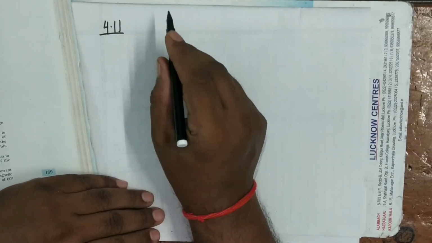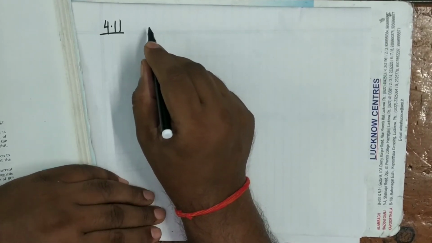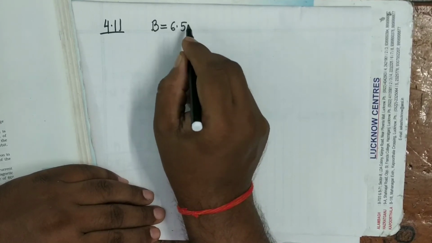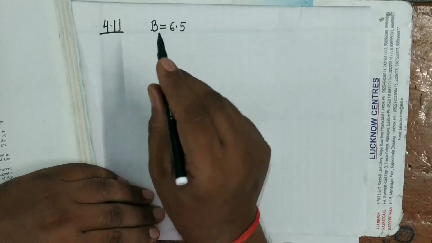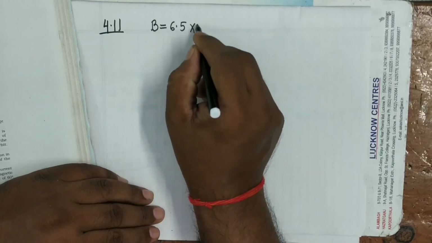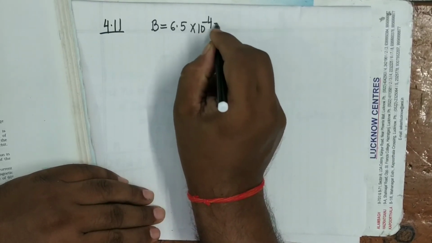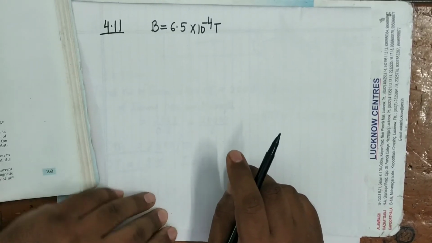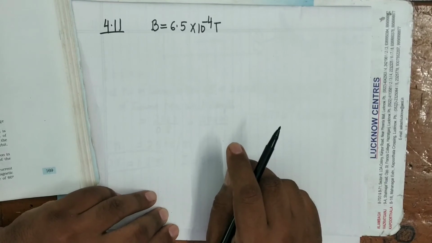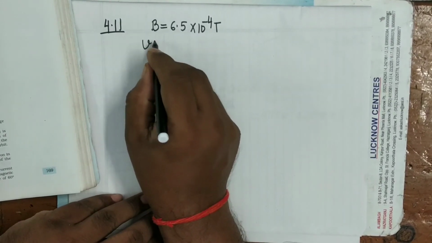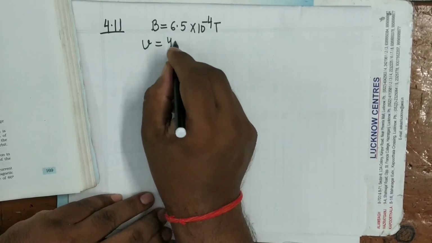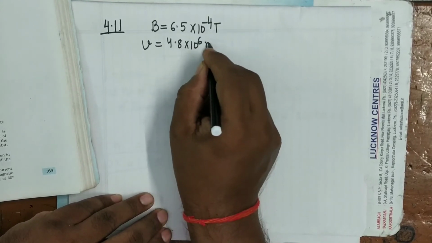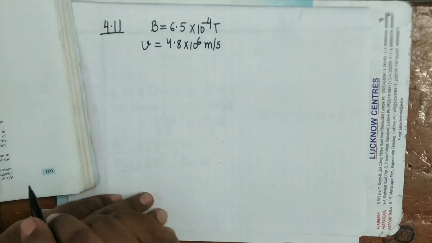In a chamber, a uniform magnetic field of 6.5 Gauss, and how will you convert Gauss in Tesla? 6.5 into 10 power minus 4 Tesla is maintained. An electron is shot into the field with a speed of V equals 4.8 into 10 to the power 6 meter per second, normal to the field.